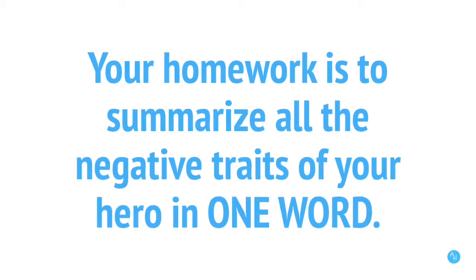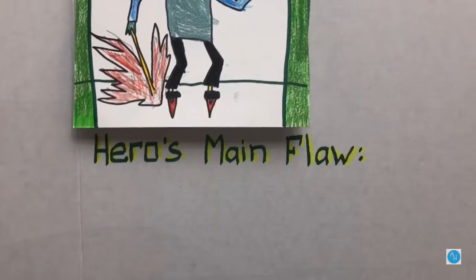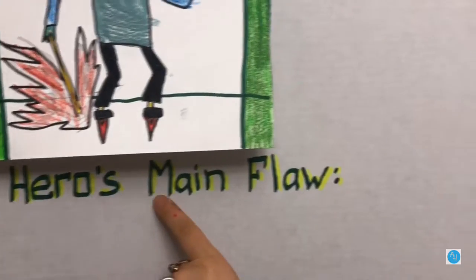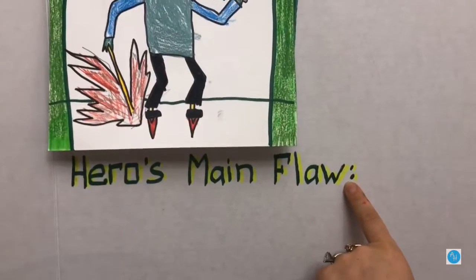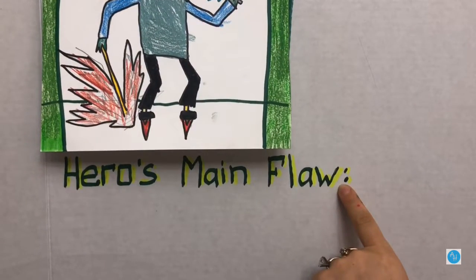Your homework is to summarize all the negative traits of your hero in one word. Under your character's flap, write hero's main flaw and write one word that you wrote in there.